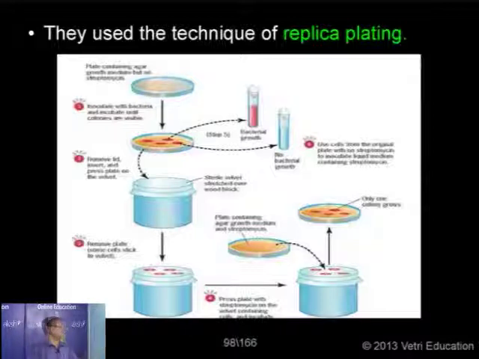Now in the first step, they made an agar-agar medium, a solid medium, in a plate, and then closed the plate. Then they inoculated the agar medium with the bacteria. Now this agar medium is without the antibiotic streptomycin.